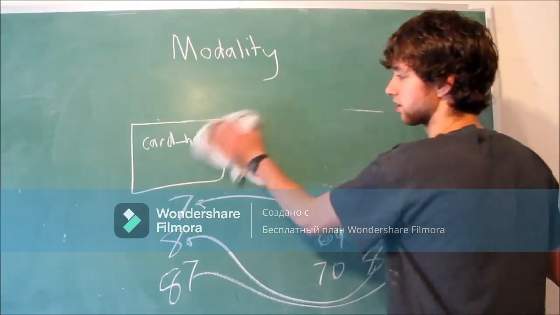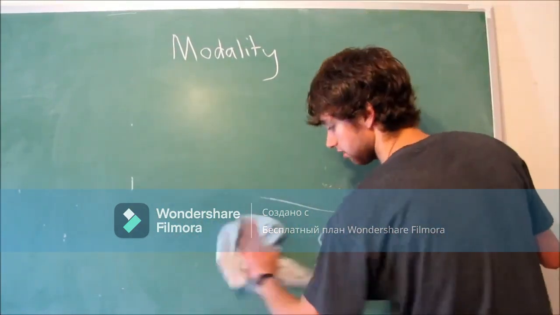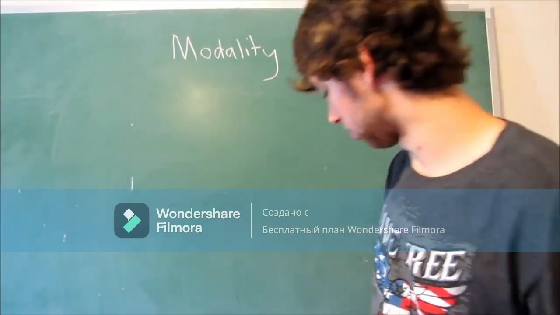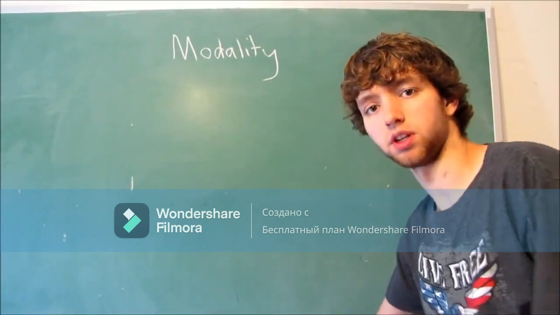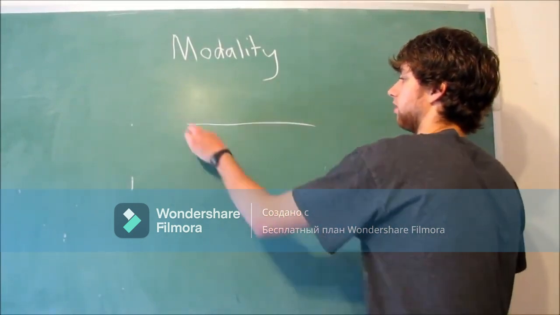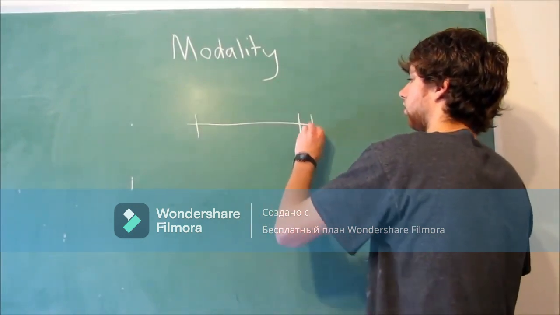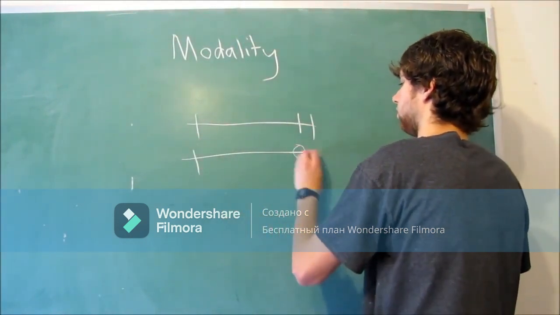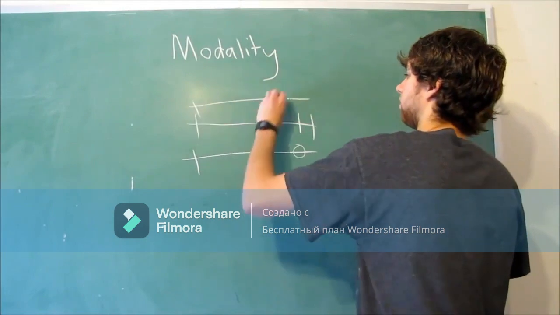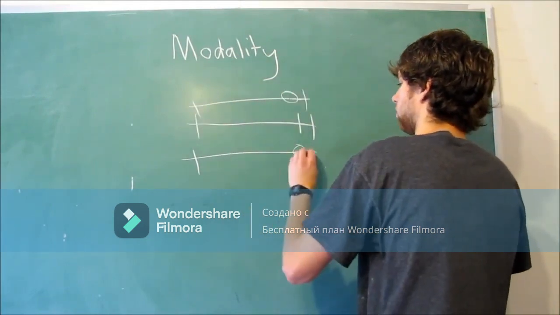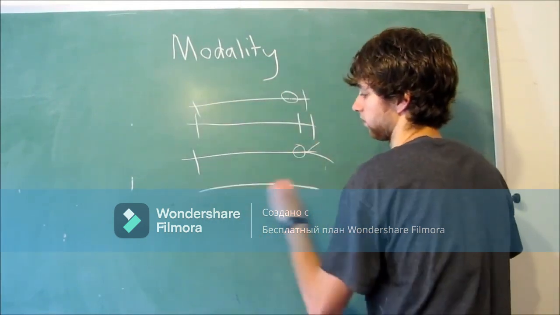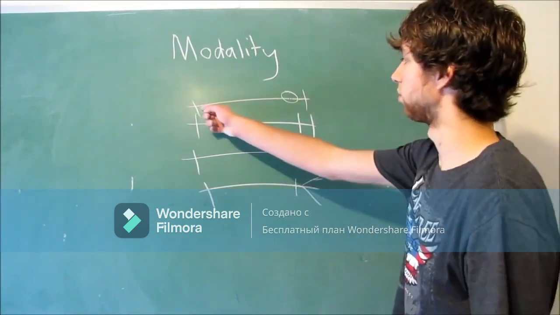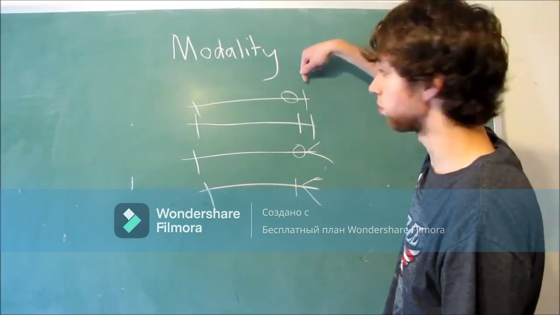Now, at first these can be kind of confusing, so just practice. Make sure you fully understand how each one works. Just review. Here are 4 possibilities we could have. One card holder can have 0 or 1 card.